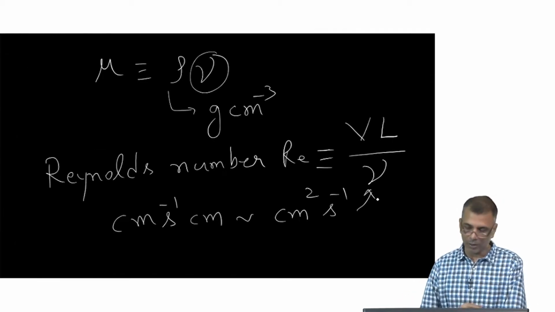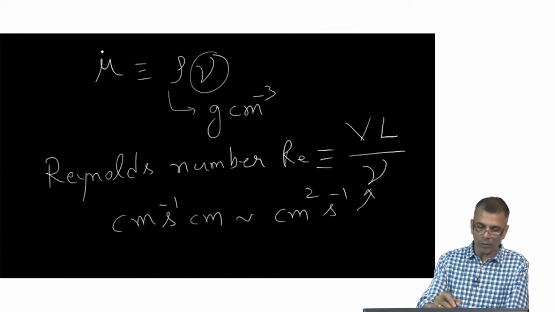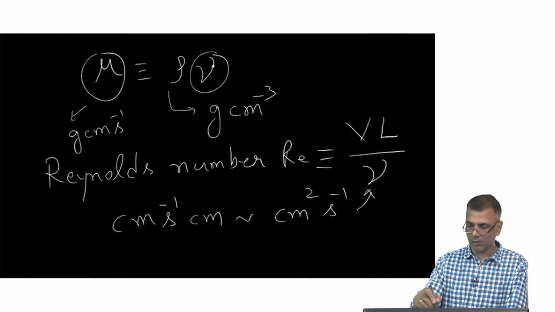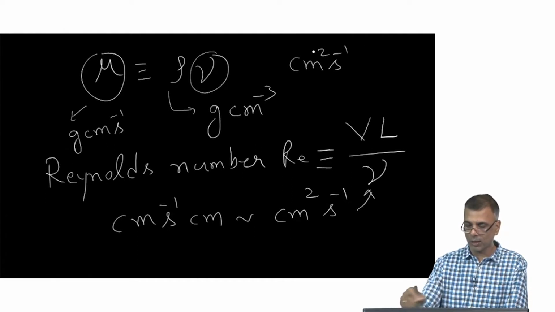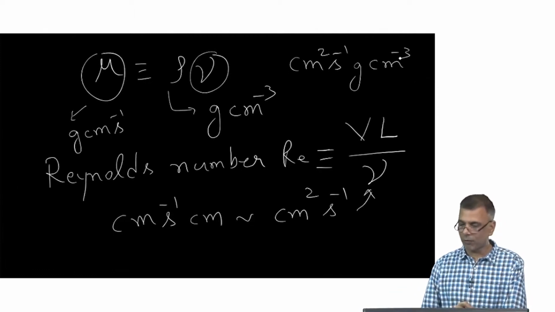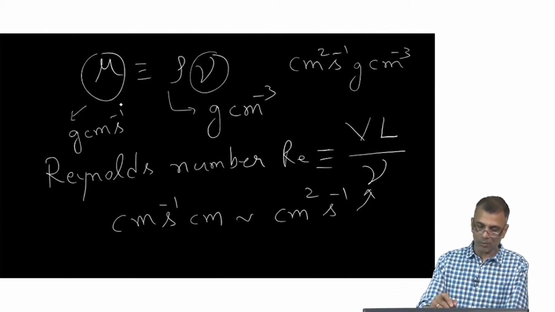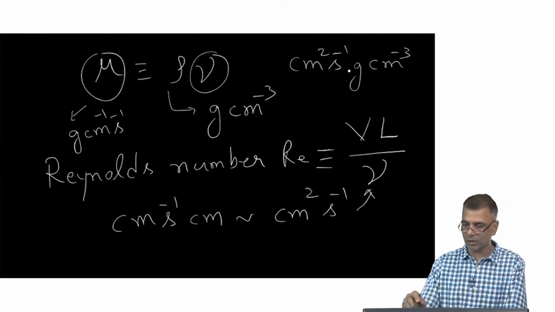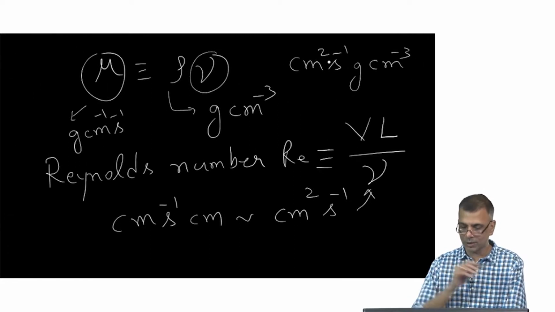Simple enough. Therefore the dimensions of mu are nu, which is centimeter squared per second, times rho, which is gram per centimeter cubed. So the dimensions of mu are gram centimeter minus 1 second minus 1.